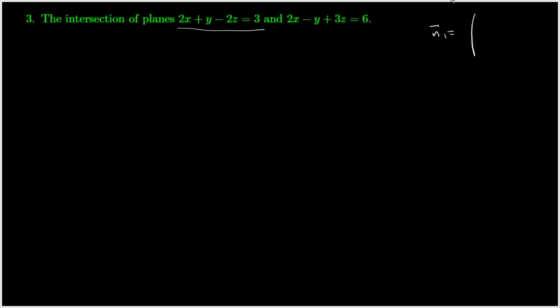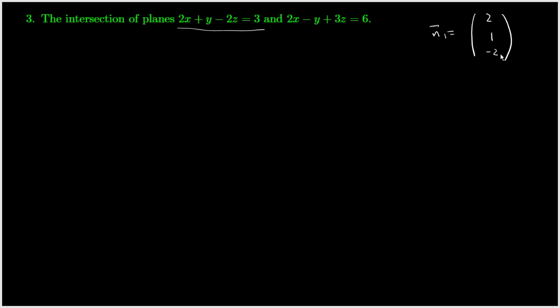I told you last time the first plane has a normal vector where 2 is the coefficient of x, 1 is the coefficient of y, and negative 2 is the coefficient of z, right? I'm trying to tell you why the two planes are not parallel. The first plane has a normal vector of 2, 1, negative 2.